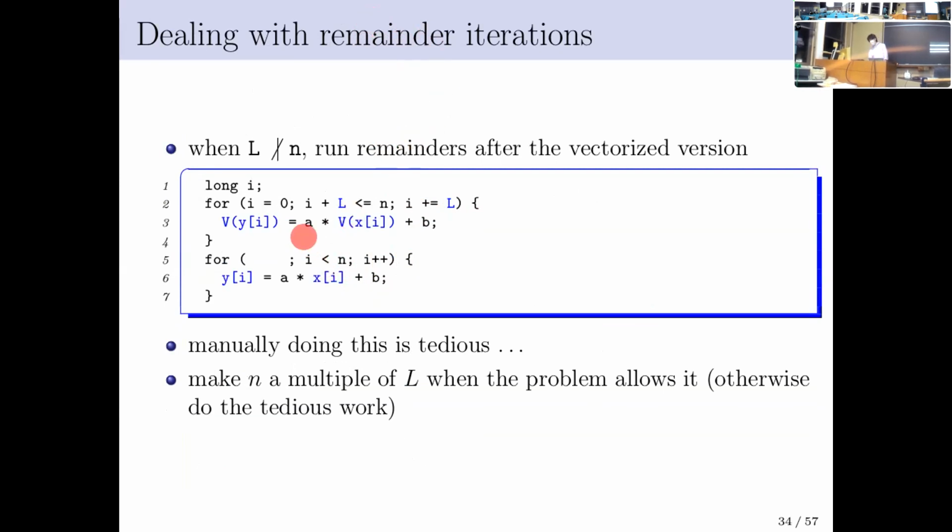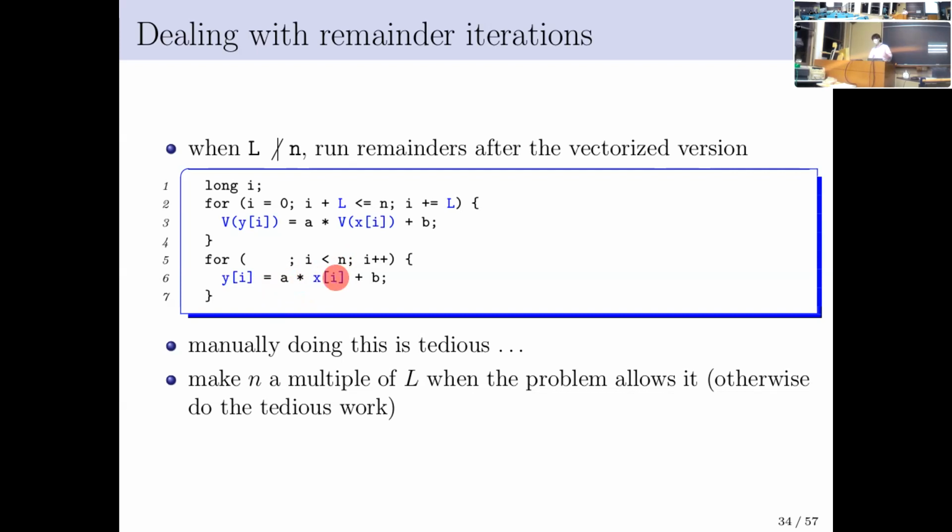How this is typically done is something like this. You run vectorized iterations as long as you have the full L iterations left, and after you get less than L iterations remaining, then you simply run the scalar loop.